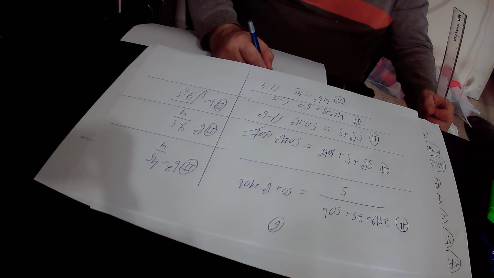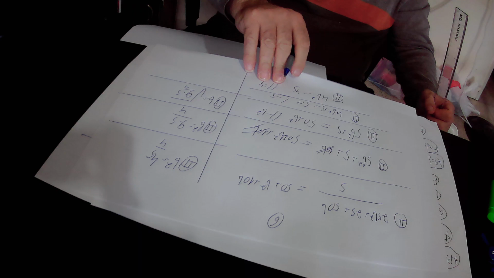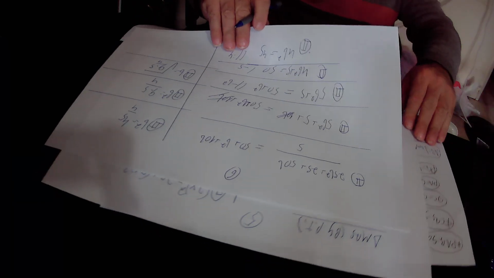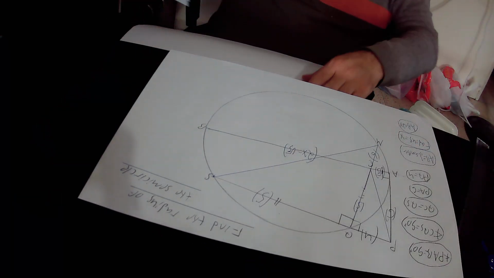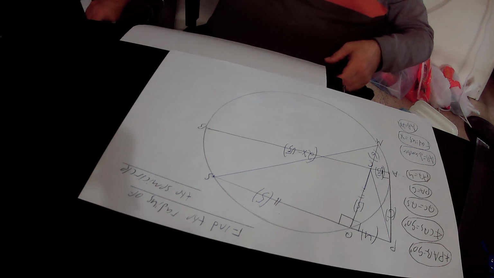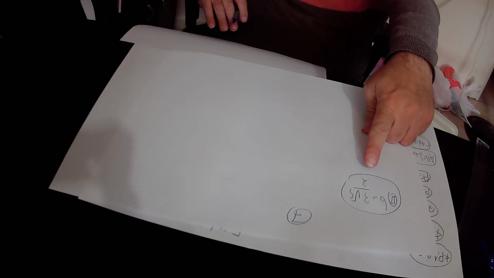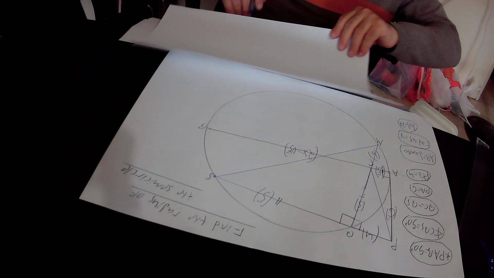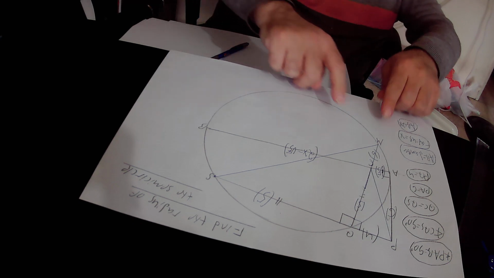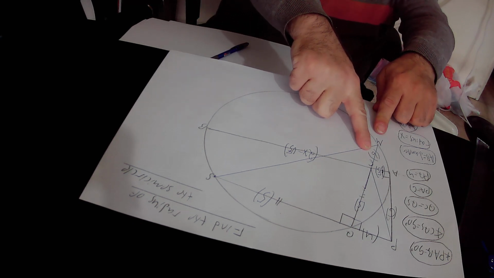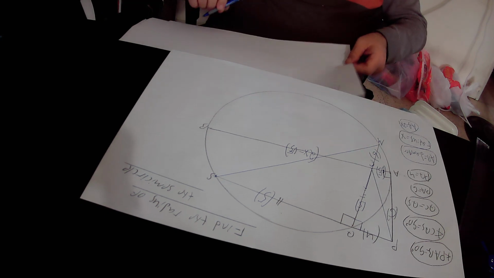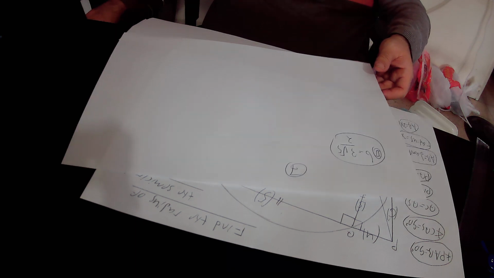Inside the root we are left only with 5. So in conclusion, we found out that according to equation number 2, b equals 3 times square root of 5 over 2. That is to say, this line segment CM, that is b, equals 3 times square root of 5 over 2 units in length. This is according to equation number 2.